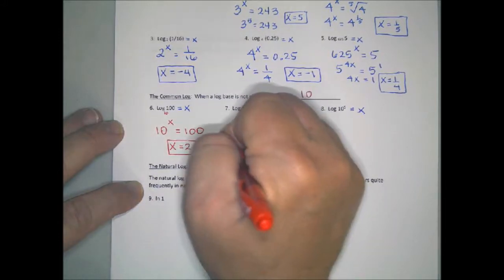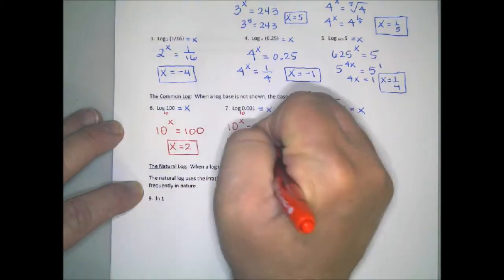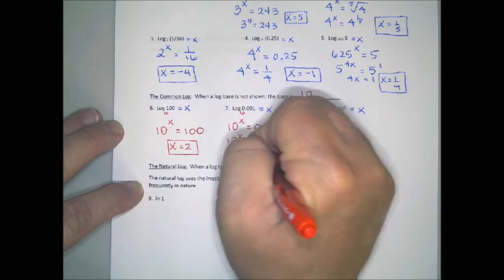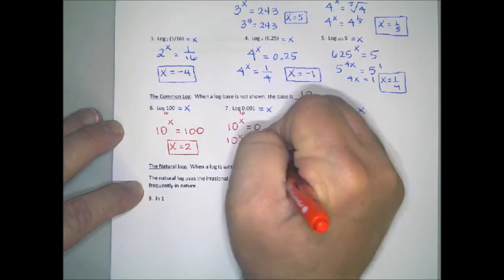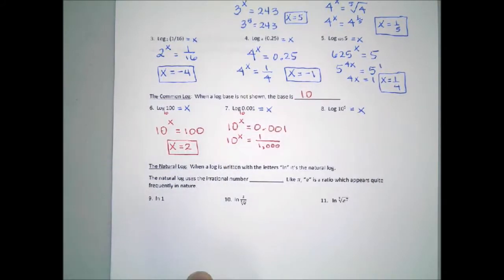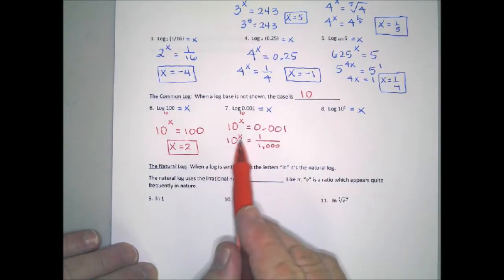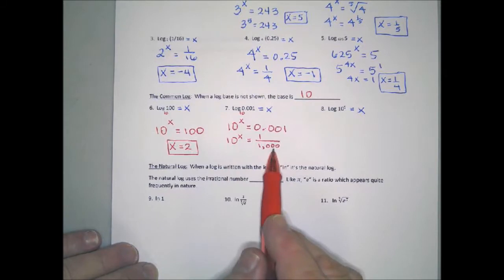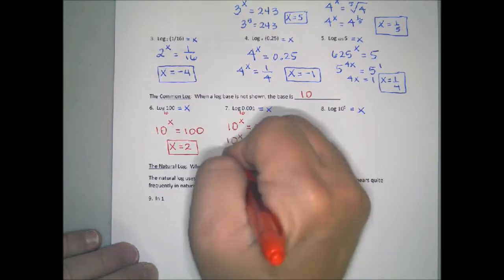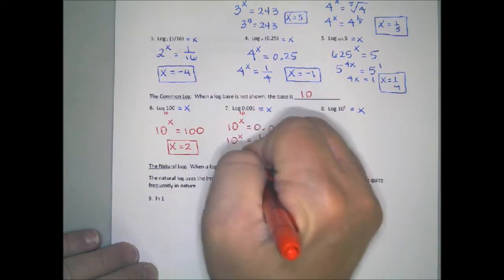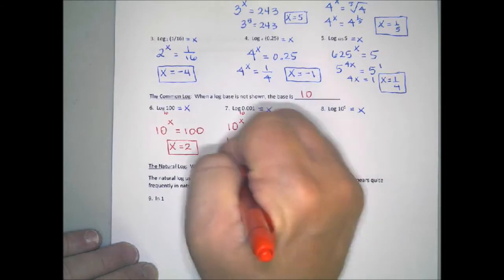So 10 raised to the x equals 1/1000th. So there is an exponent that will turn the number 10 into the number 1000. That's 3. Okay? But it's not 1000, it's 1/1000. So x must be -3.